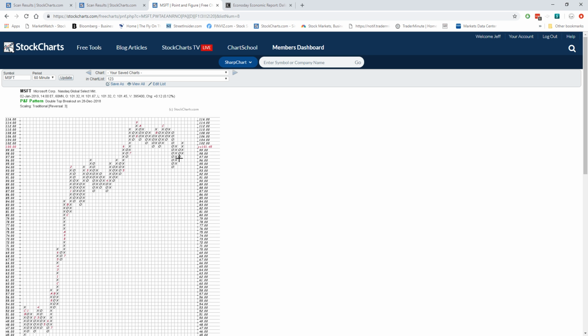And one of the things that you'll notice is that there is a clear pattern out there. When the average true range is on the decline, when the Stoch 39 is above 50, and the point and figure chart is bullish, the stock tends to go up over time. When all 3 of them are bearish, the stock tends to go down over time.